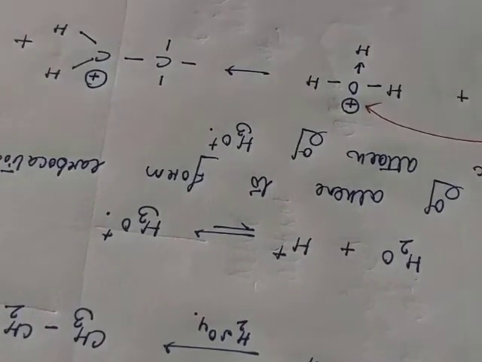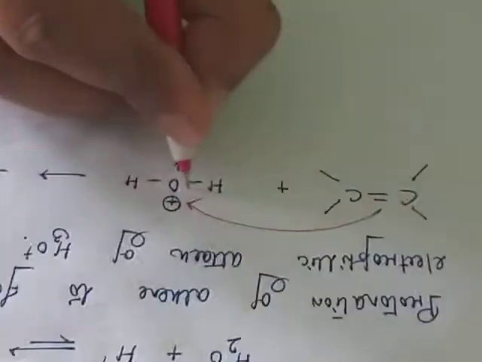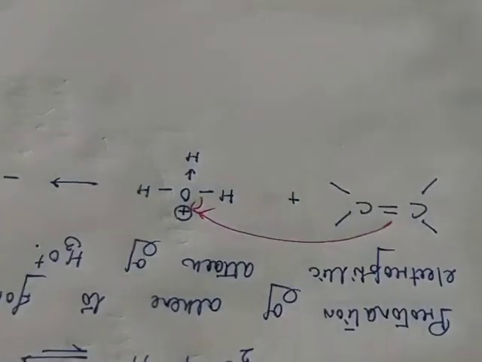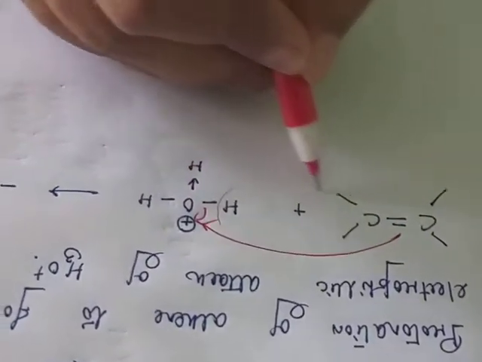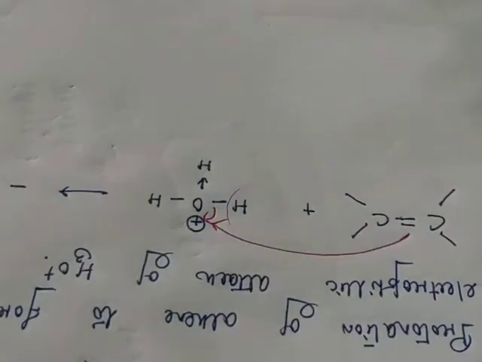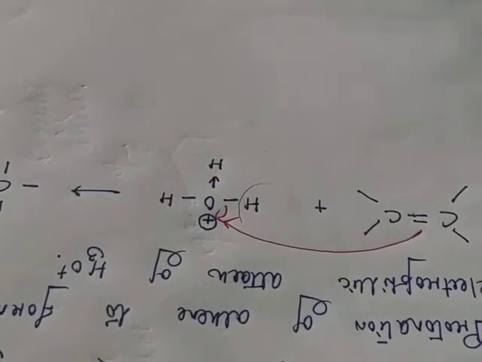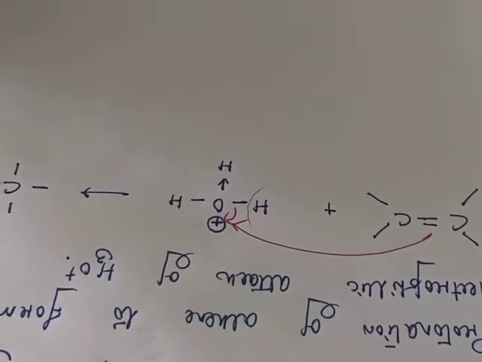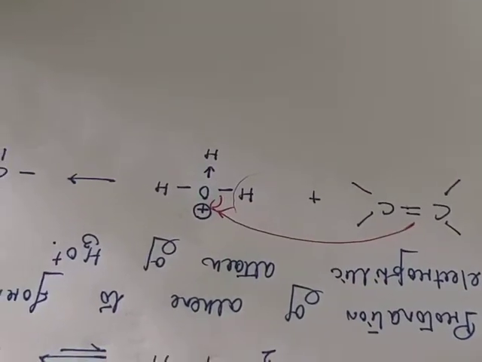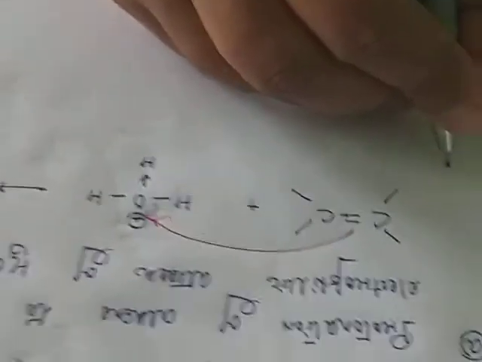In fact, when this shifts over here, this is moving out in the form of H2O, and this H plus is actually taken up by this. So it forms a carbocation. This carbocation is stable as tertiary, followed by secondary, then primary. Accordingly, the carbocation will make its arrangement.